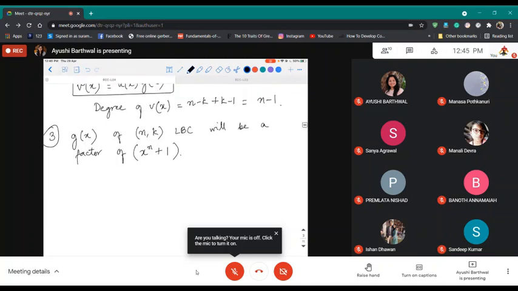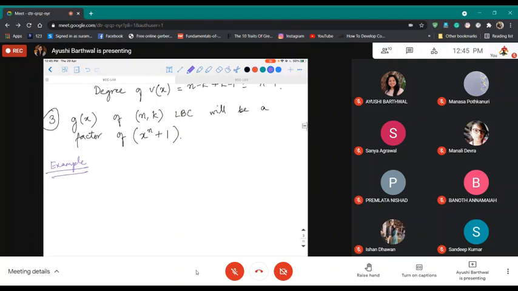Let me write down the example. You have to generate a (7,4) cyclic code and find the code vectors for the following data vectors.